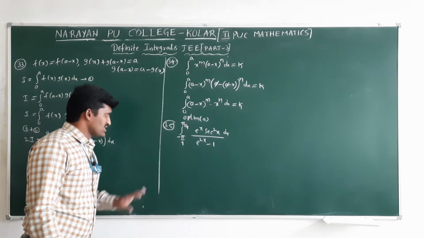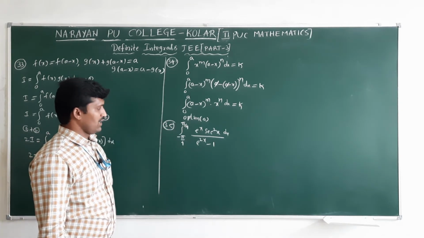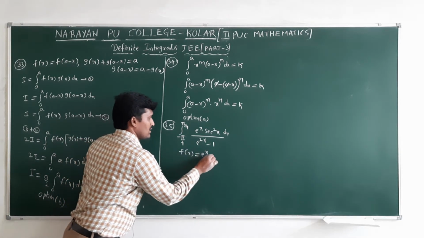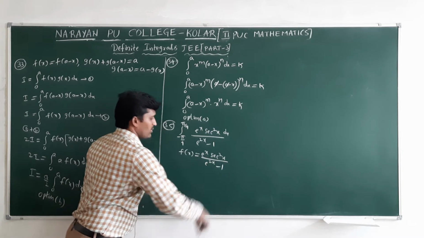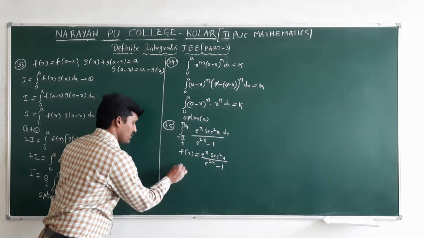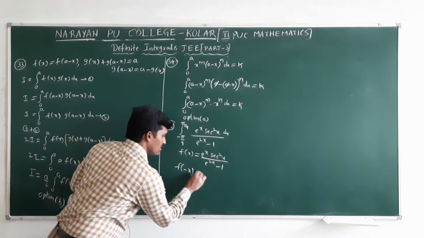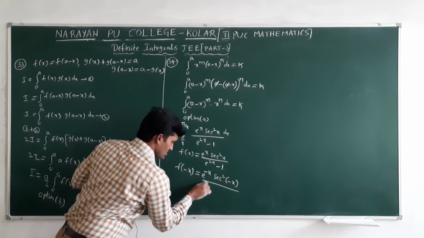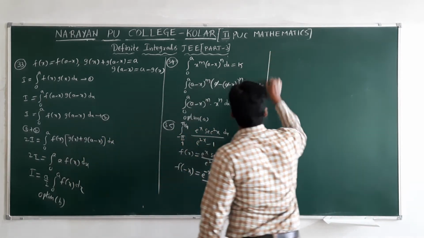Here we need to verify first whether this is an even function or an odd function, according to the property of integral −a to a of f(x) dx. Here f(x) is e^x sec²x by e^(2x) − 1. I'll substitute x with −x: e^(−x) sec²(−x) by e^(−2x) − 1. We need to simplify this.